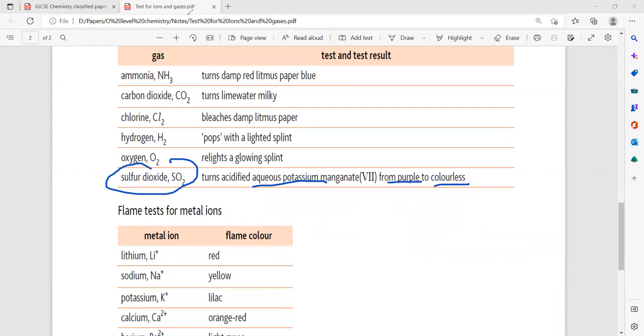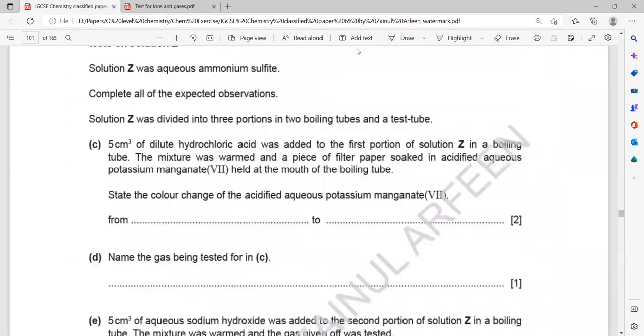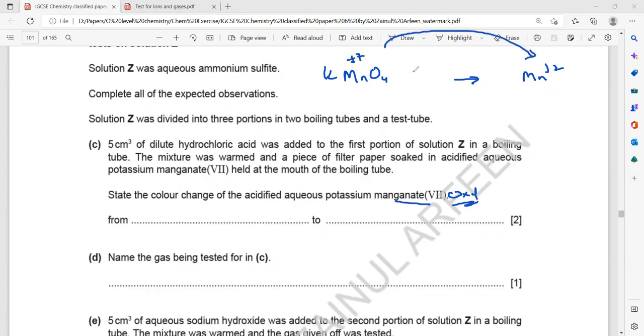Mn7 is reduced, acting like an oxidizing agent. Sulfur dioxide is a reducing agent. KMnO4 forms Mn plus 2, in which Mn is plus 7. So this is reduction. And for sulfur dioxide, oxidation happens, and the product sulfur will be there.